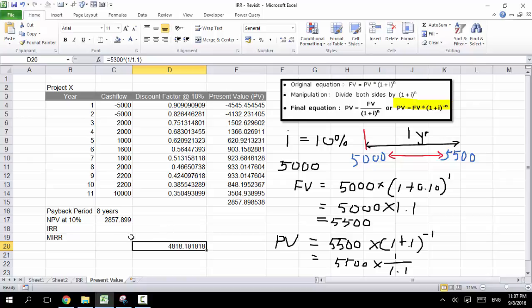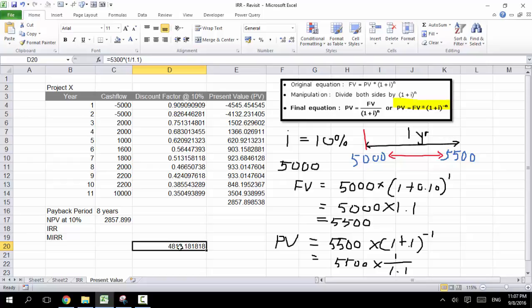You lost 200 in today's cash terms. So that is the discounted value. So money in today's term is important.